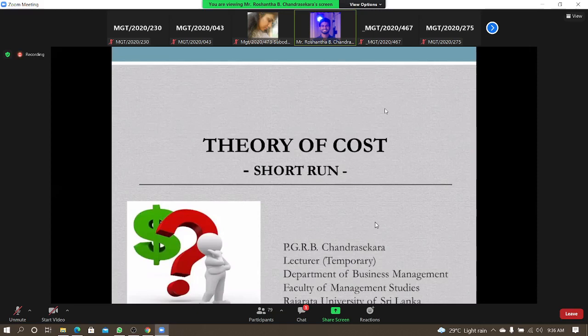Right. So theory of cost. When we look at our flow of sessions, right? In the very beginning, we identified the concept of economics, right? Why we are learning economics and what is meant by economics.